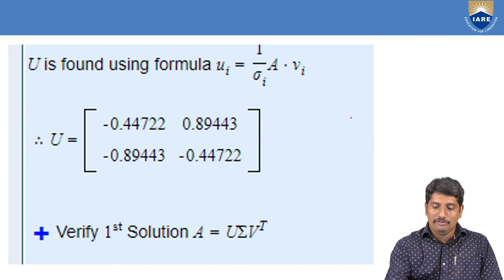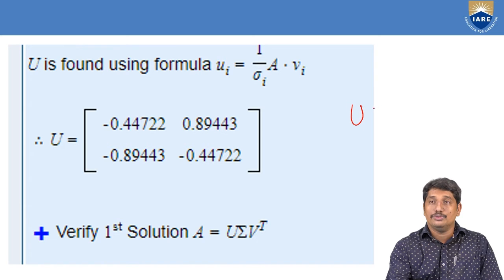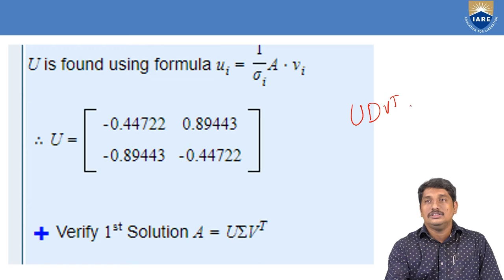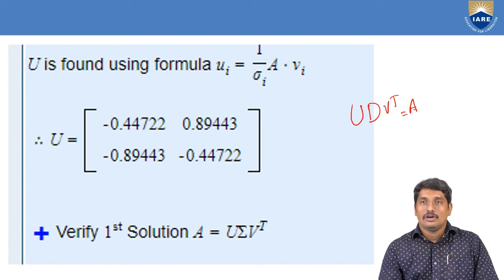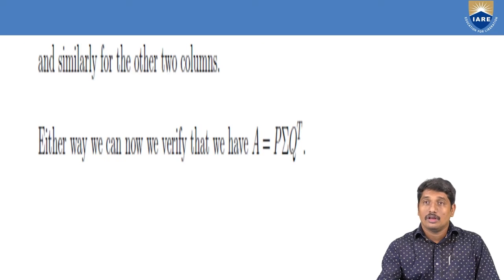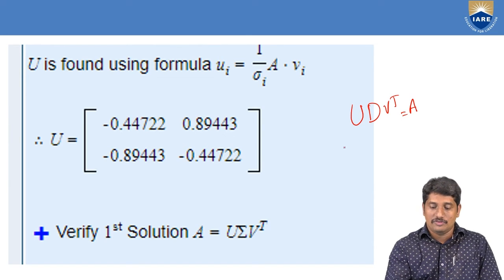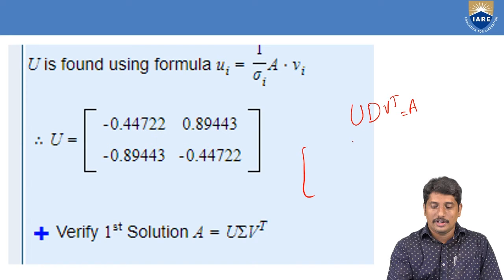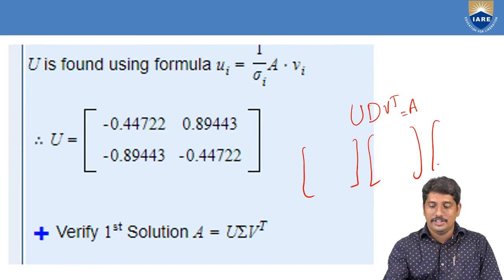Now, we can verify that the product of U into sigma, or you can write D into V transpose, is approximately almost equal to our A. So you can easily verify this. What is U? We can write U here. And what is D? We can write it here. And we can write V transpose.